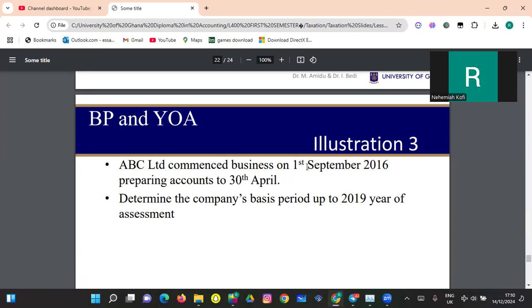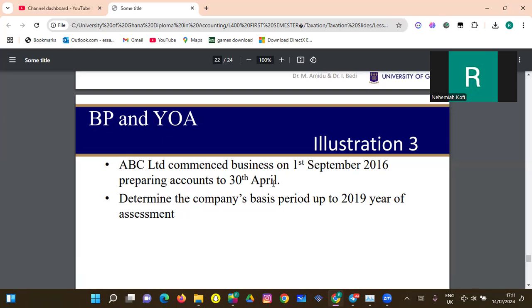We will have September to December in 2016, and then in 2017 we will have January, February, March, April. So 4 months here and 4 months here, which gives 8 months in the first year of assessment.